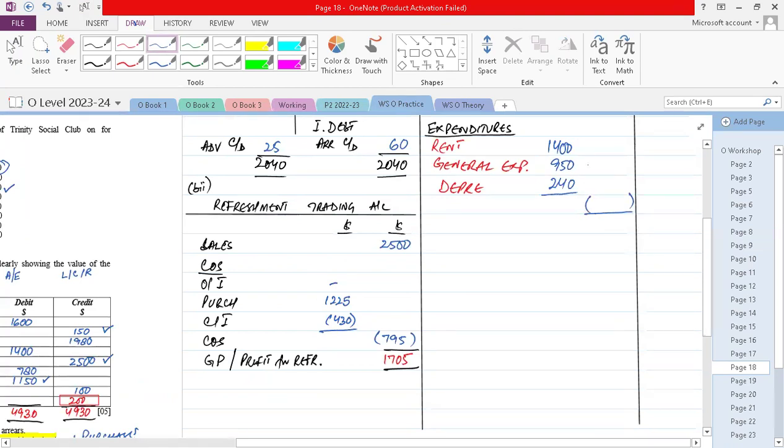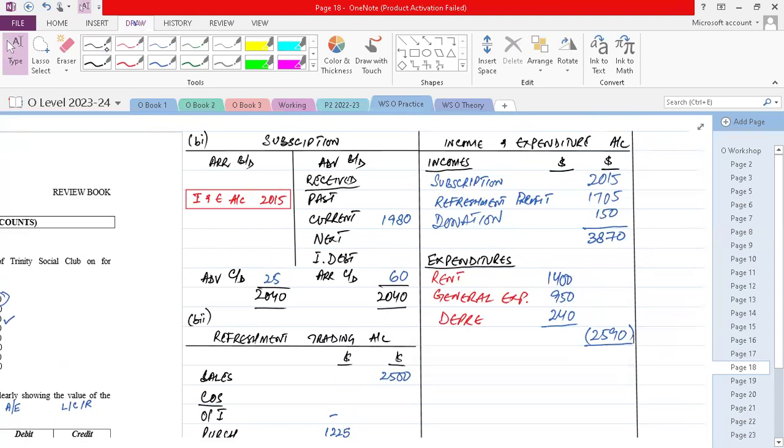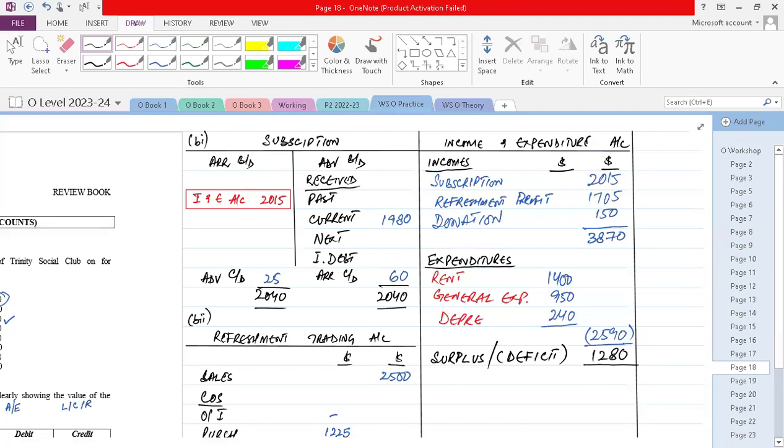So the expense total is 2590. Now subtract 2590 from the income total. If positive, it will give you surplus; negative will give you deficit. So here the question is completed.